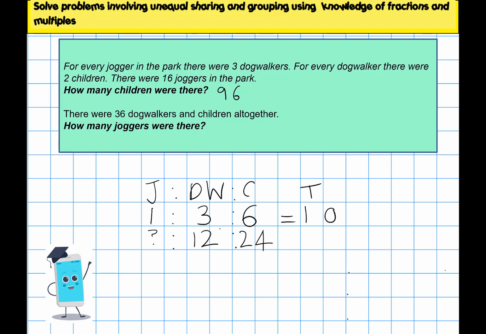So how many times does 3 fit into 12 and how many times does 6 fit into 24? Well, it fits in 4 times. These 2 fit 4 times into these 2. So my scale factor is to multiply by 4, which I can now apply to my joggers. 1 times 4 is 4. So there were 4 joggers.